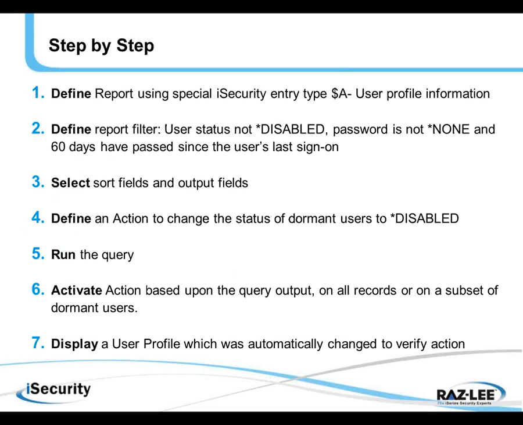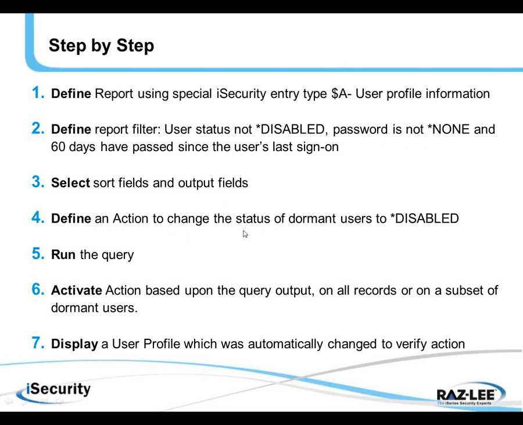So the steps that we'll follow in this short demo will be to define a report using the special iSecurity entry type $A, to define a report filter, that is, user status is not disabled, password is not *NONE, and 60 days have passed since the user's last log on. We'll select sort fields and output fields.